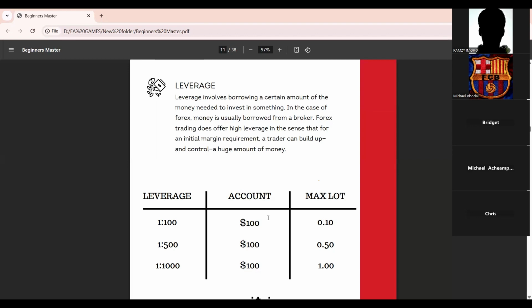Leverage is given in ratio. So let's say if you have a leverage of 1:50, that means your $1 is being magnified as $50. If you have 1:1,000, that means $1 is being magnified as $1,000.